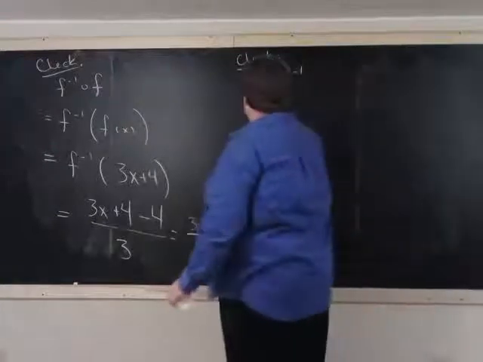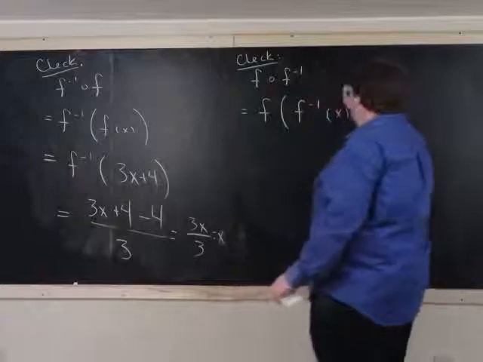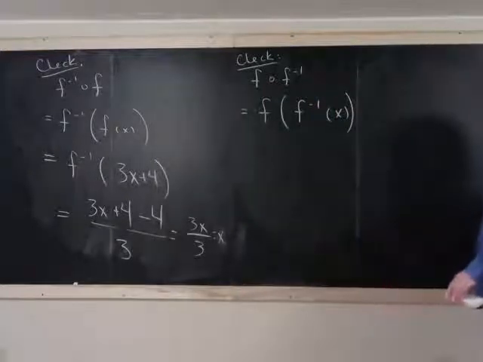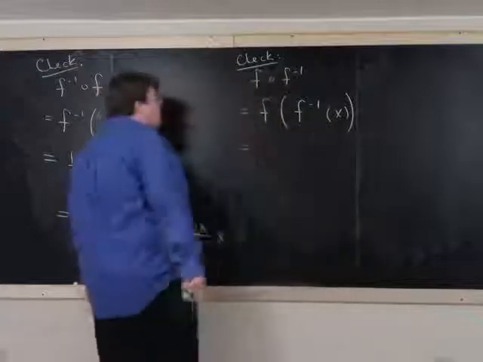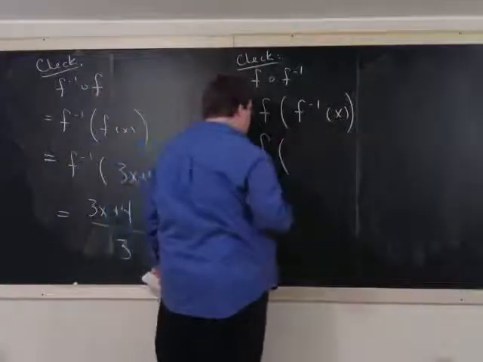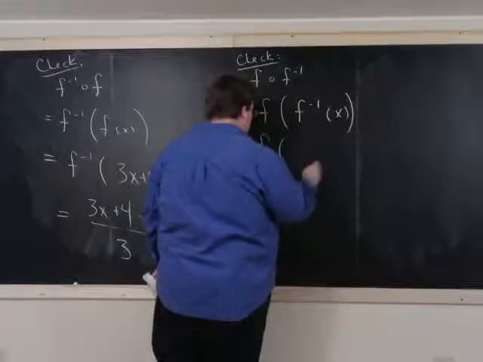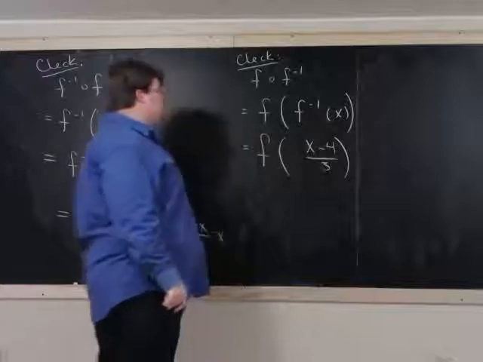Well, let's rewrite this as f of f inverse of x. So we take f inverse of x as our input for f. Well, f inverse was, what was it? It was x minus 4 over 3.